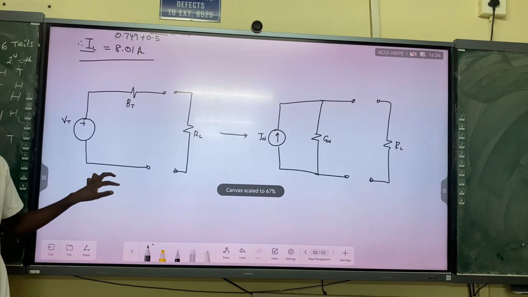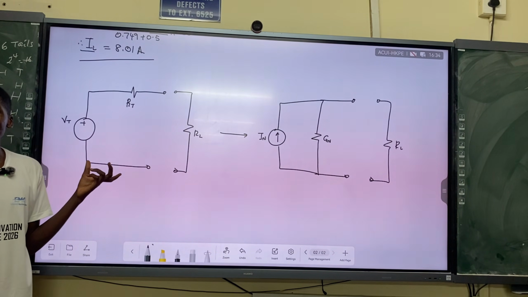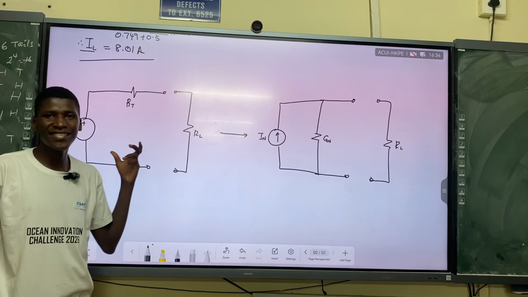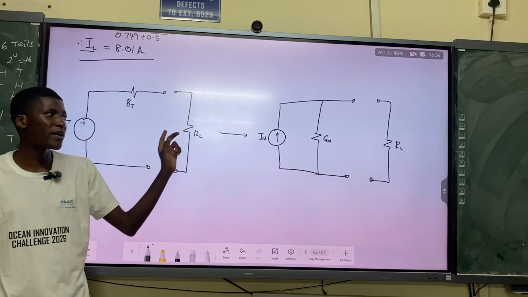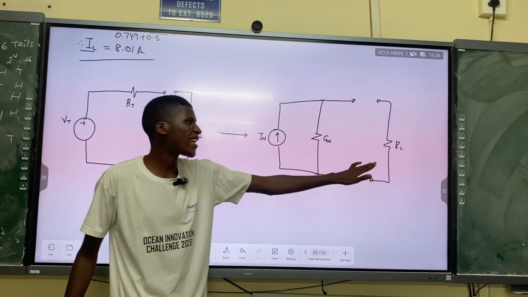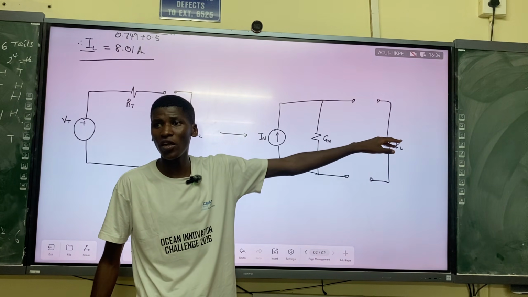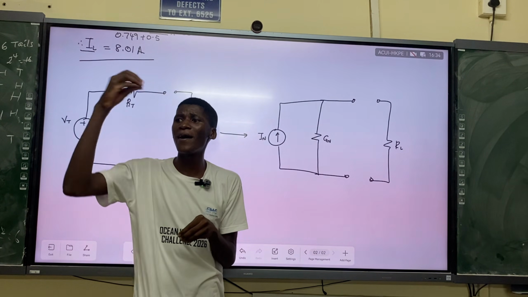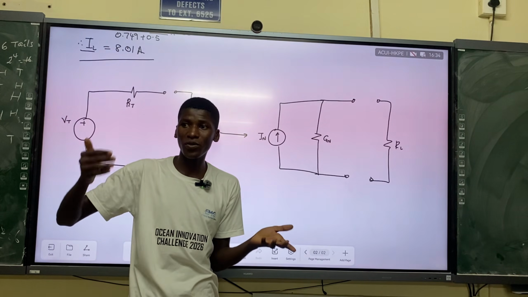Let's observe: these two are equivalent circuits. You can still find R load using both of these. But with this one, obviously, you would have to use the load conductance, which we get as 1 over the load resistance.